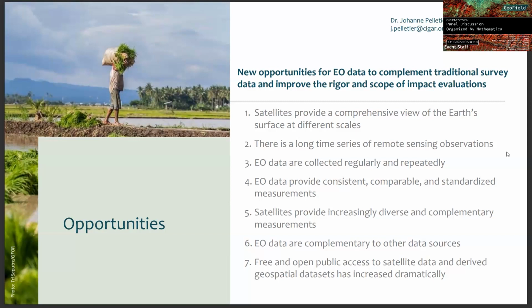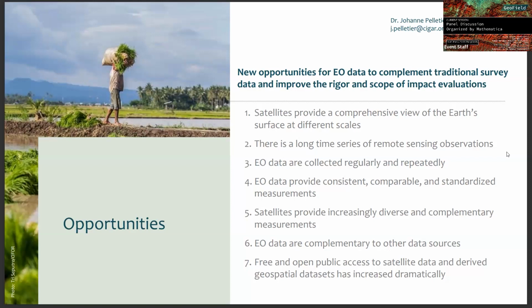The potential, I think we see, is because remote sensing data is available. It's getting more accessible, but also at higher resolution and higher frequency. There are always satellites being launched. Definitely the benefits we see are in terms of spatial coverage.